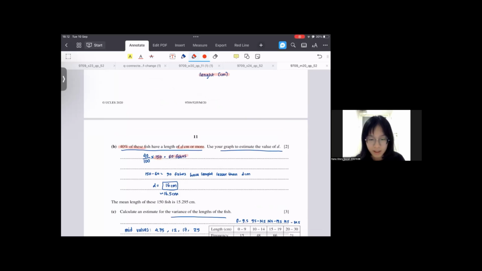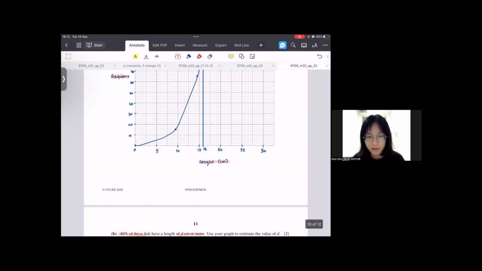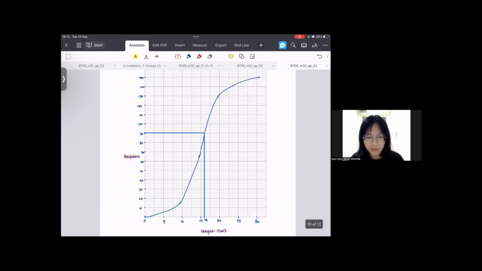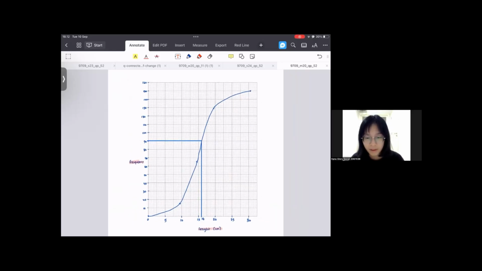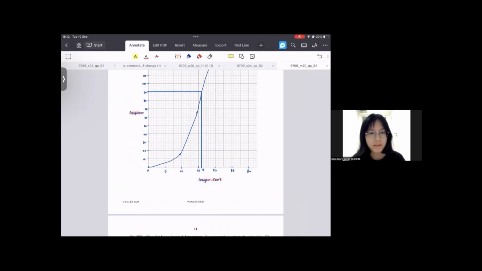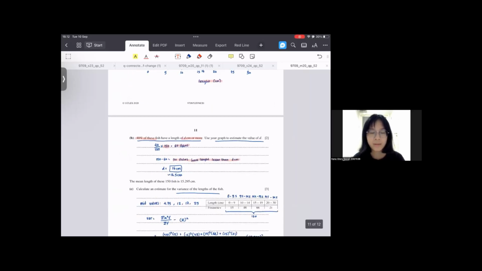That makes it 90 fish with lengths lesser than d cm. And we can use the graph to find that. You can first pull a line from the frequency 90, and it will give us a length of around 16. In the mark scheme it is 16.5, but it's okay because we can make it plus minus 0.5. So 16 is still acceptable.